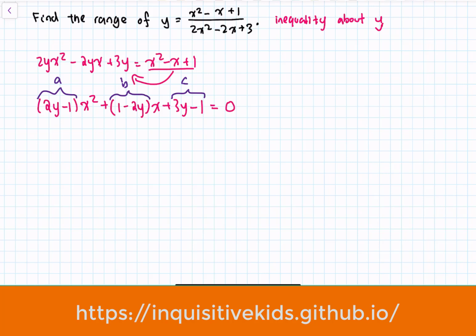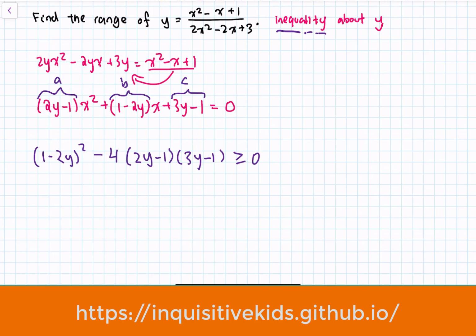And then we can use the discriminant, because a discriminant itself is an inequality, and we're trying to find an inequality. So then b squared, which is 1 minus 2y squared, minus 4 times ac, must be greater or equal to 0 in order for this quadratic to have a solution.